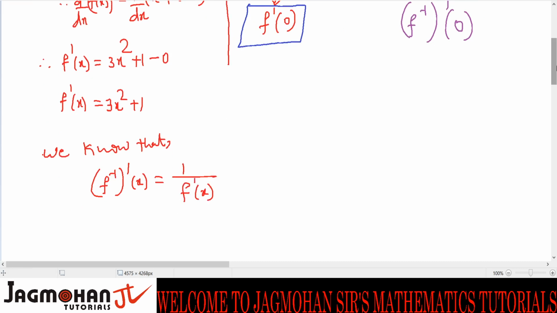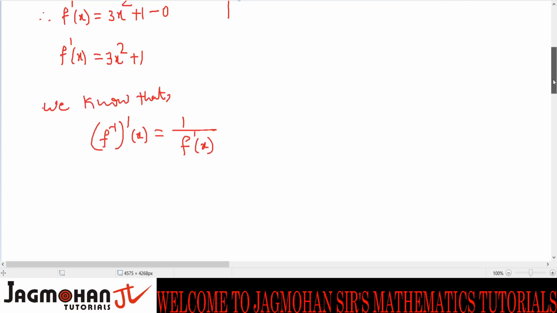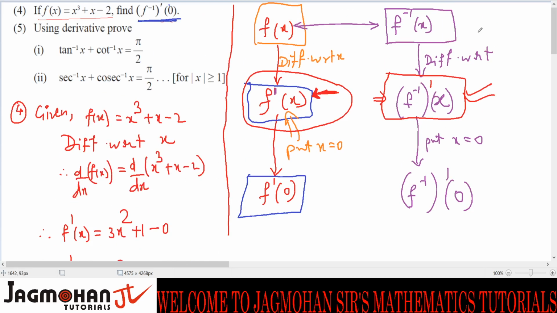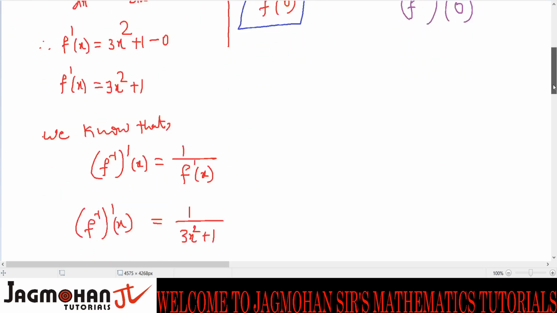So I will get f inverse dash x equals 1 over 3x squared plus 1. What is next required? They asked for f inverse dash 0. So I will substitute x as 0.